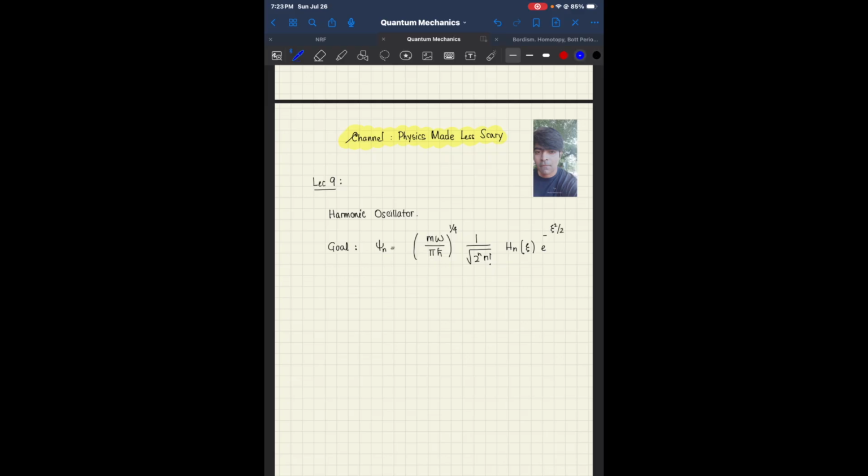And these are called Hermite polynomials, named after the mathematician Hermite. And this is the general wave function for a harmonic oscillator.